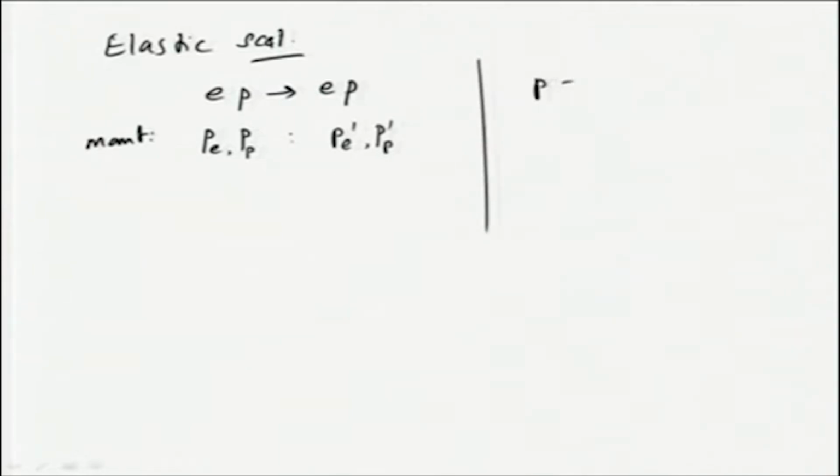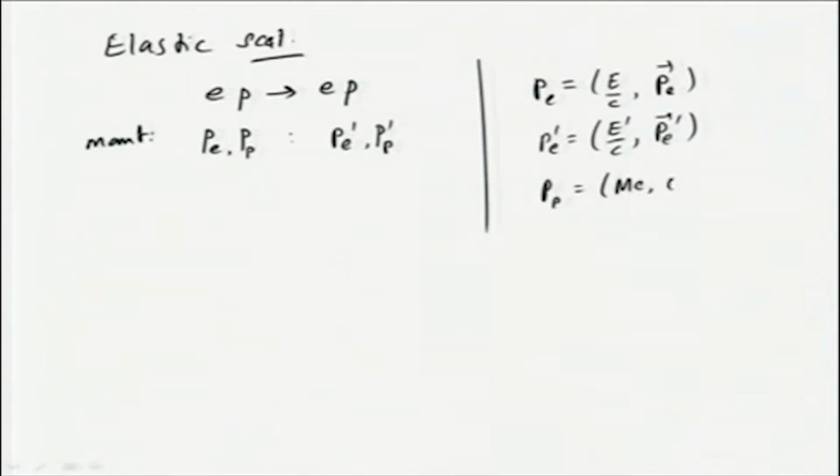These are 4-momenta, which means that the 0th component is the energy of the electron, in fact E by c, and the 3-momenta, and P_e prime similarly is E prime over c and the 3-momentum. P_p is at rest initially, so it only has the mass of the proton and no 3-momentum. P_p prime is, let us say, some E_p prime and the 3-momentum.